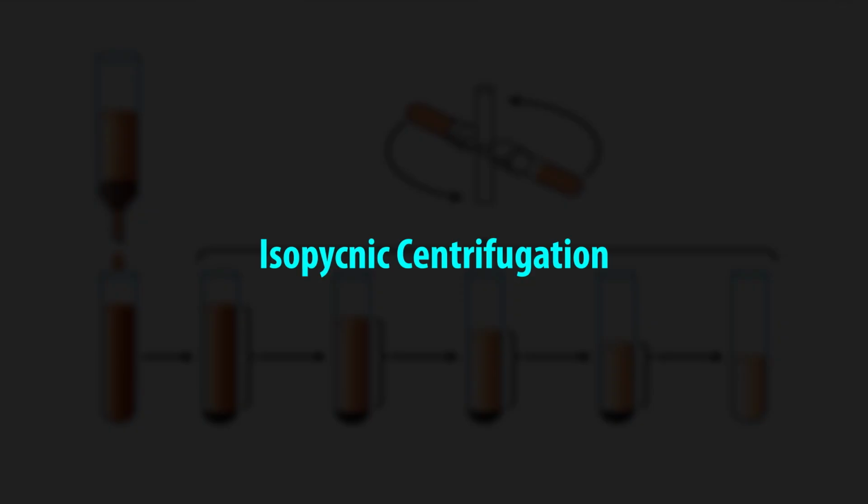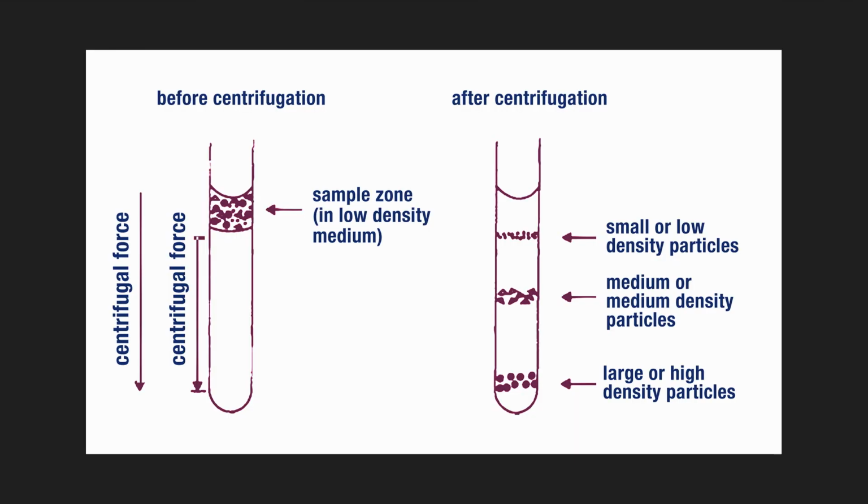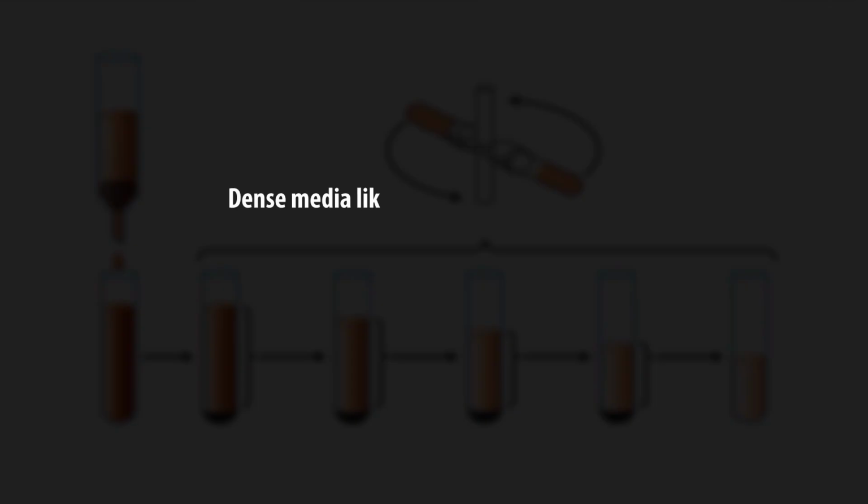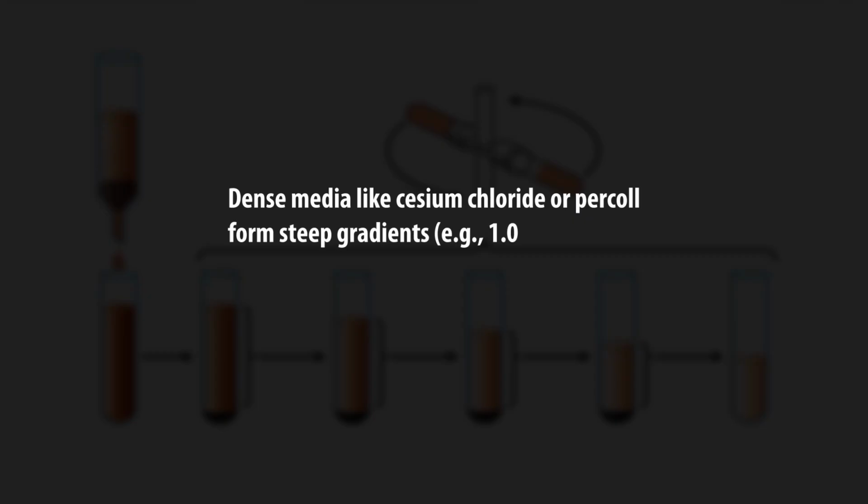Next is the isopycnic centrifugation. Isopycnic centrifugation involves prolonged centrifugation until particles reach equilibrium at their buoyant density. Dense media like cesium chloride or Percoll form steep gradients, for example 1 to 1.8 g per cubic centimeter.